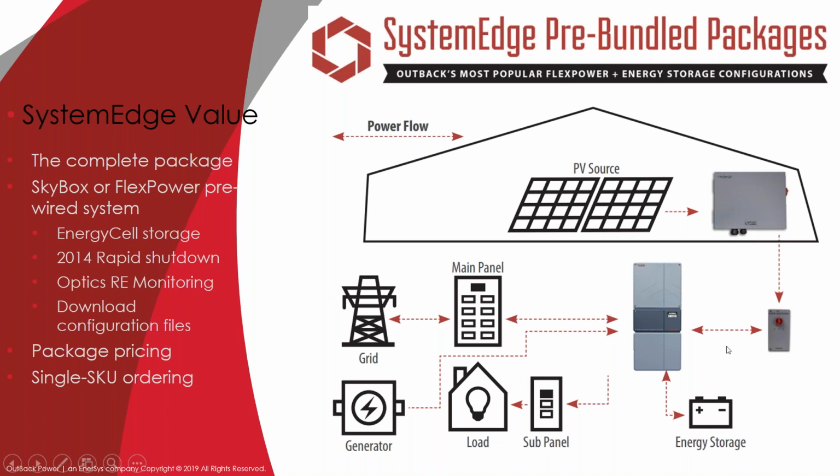So you would download the configuration file. It's an .xml file with the System Edge package as part of the name, and then you would just use the Mate3 system controller, download the configurations, and you're at least 90% or more configured. Okay, and you get the pricing advantages and the convenience of ordering a single SKU as well.